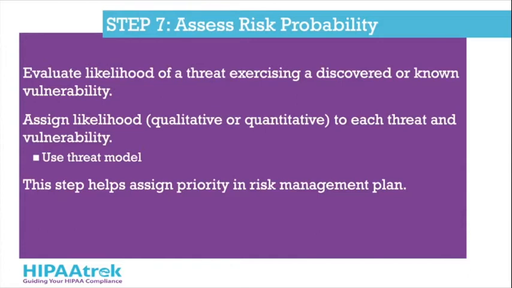Most security experts will use a 0 to 100 number, 100 being the highest risk and 0 being the lowest risk for each threat and vulnerability. Again, it's very easy to utilize a threat model when going through this step, because it helps you to identify a more mathematical approach to it, so you're not just giving it your feelings.